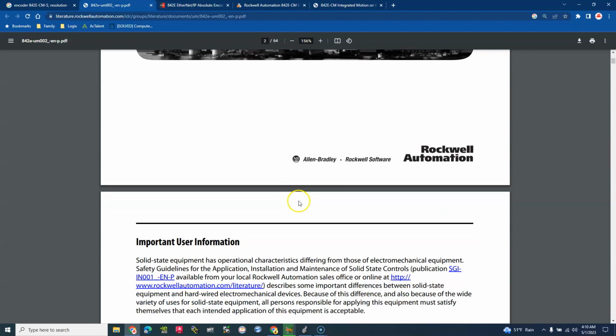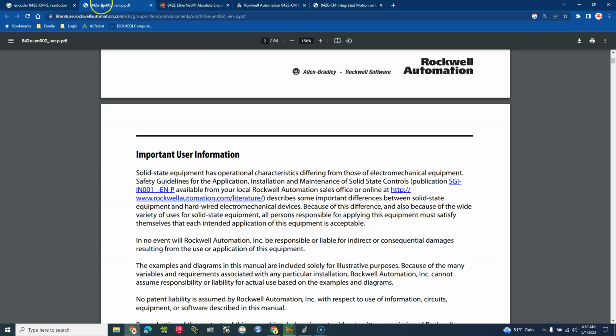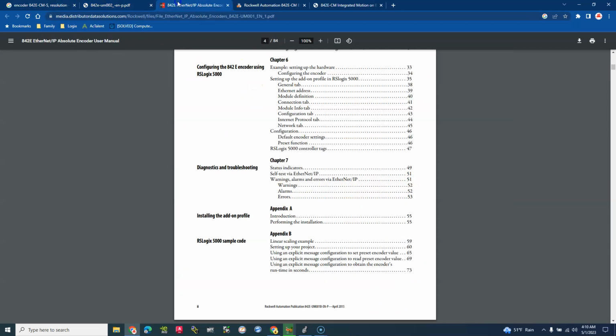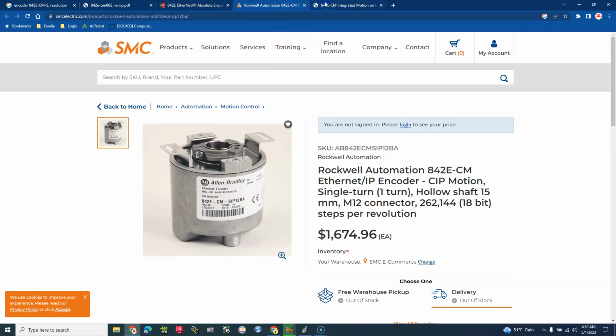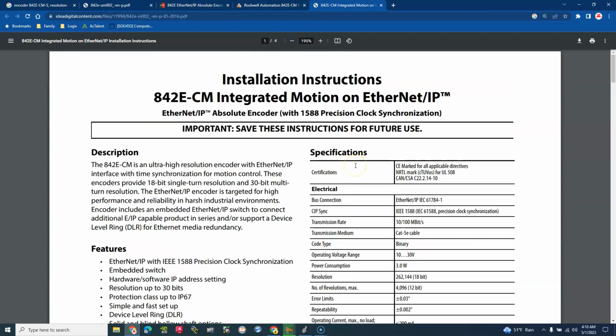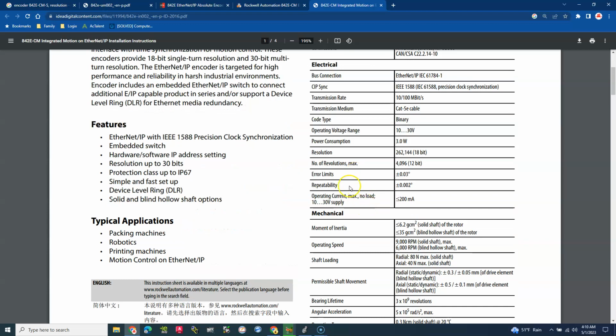Okay, so now we have the manual here. Let's see where I have that information. In these installation instructions, we're talking about pulses. It's not using pulses, it's number of revolutions, maximum, and resolution.